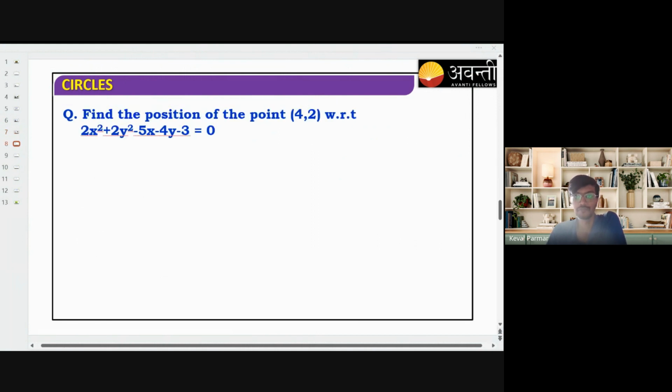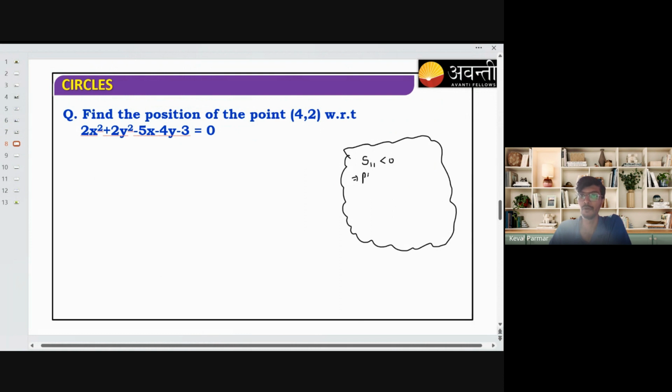The position of a point. If you remember, in the last lecture, we did this position of a point. What is the position of a point concept? Let me write it in short here so you'll be able to recall it easily. First, if S11 is less than 0, it implies the point is inside the circle.